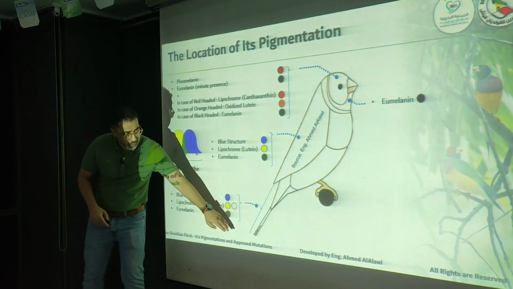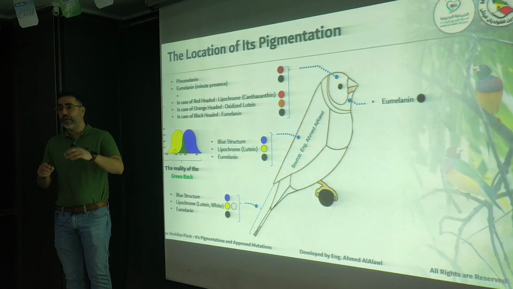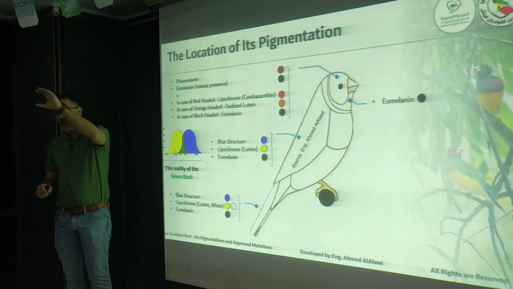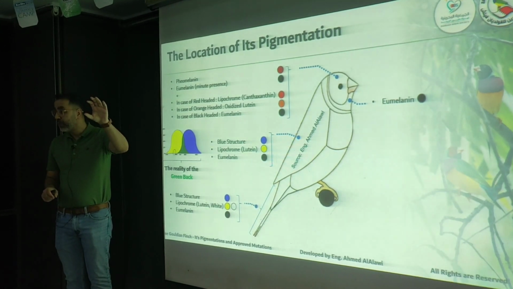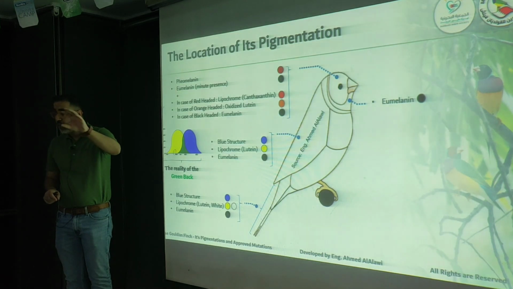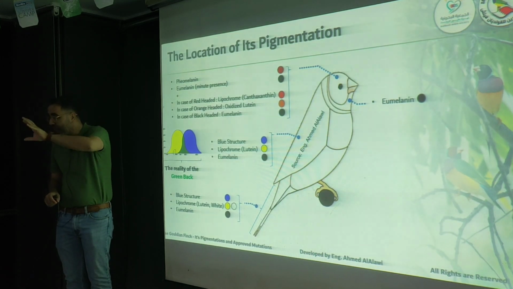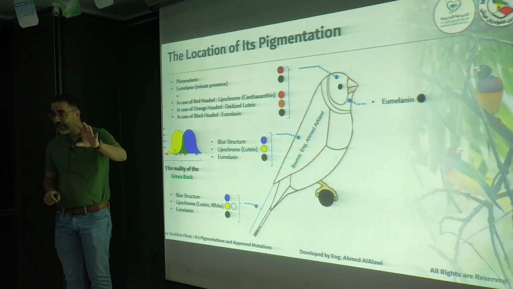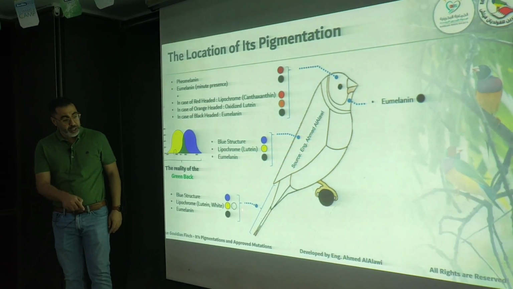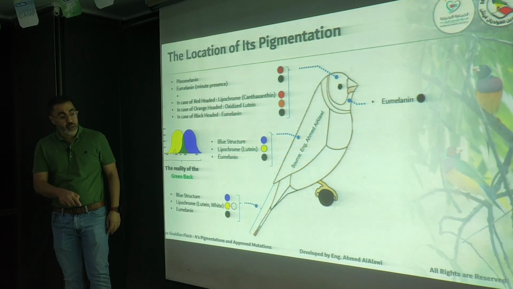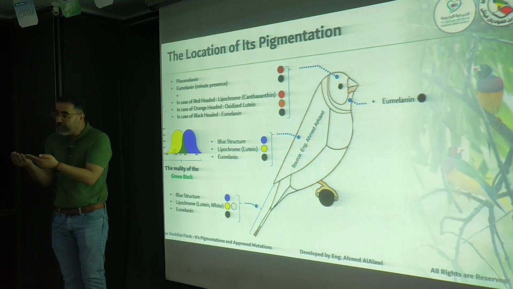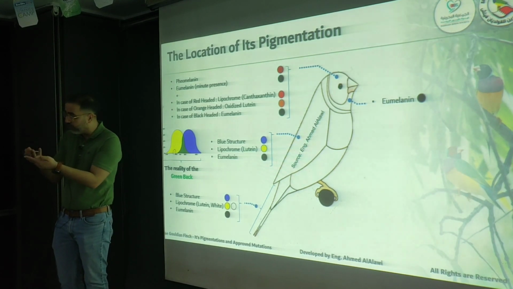That tail, in case you notice, on the classic bird will be aqua color, and then it will have white, and then it will have black. So the combination of all will be there, including some lutein pigmentation between the upper coverts.